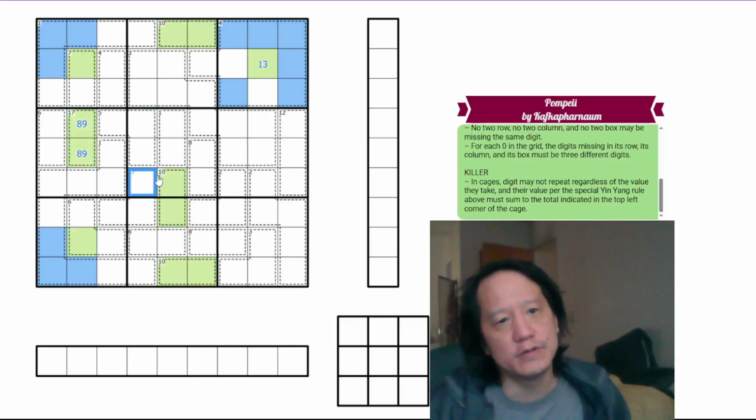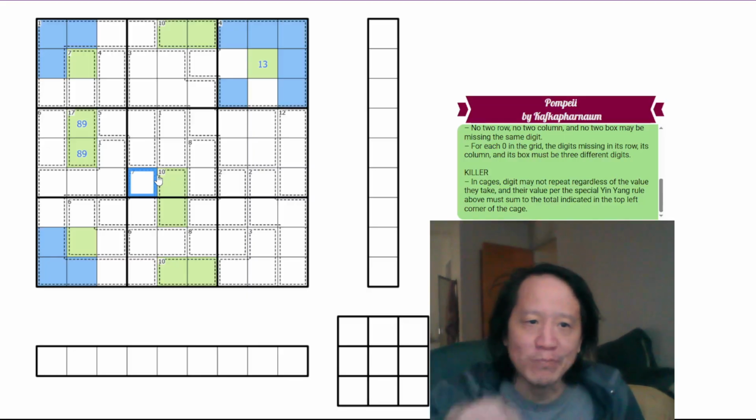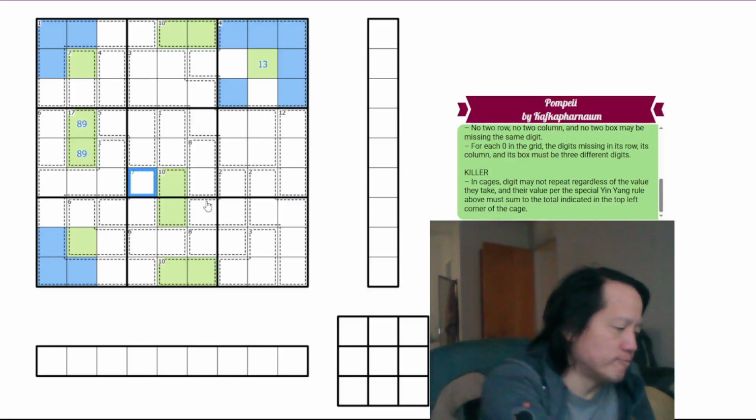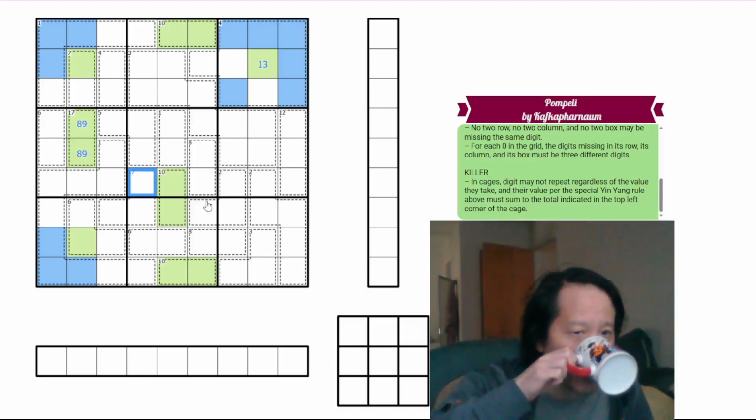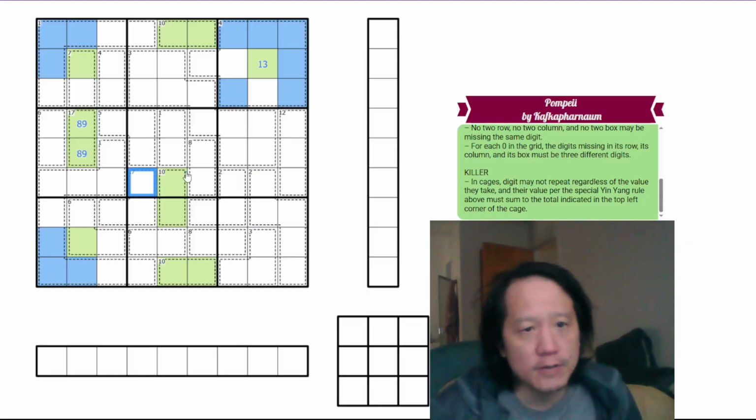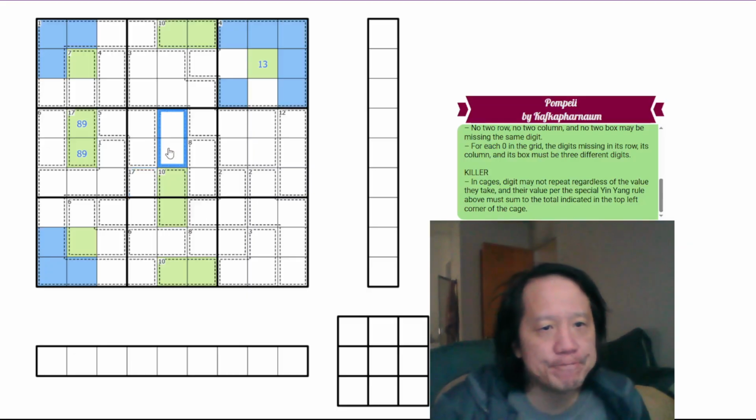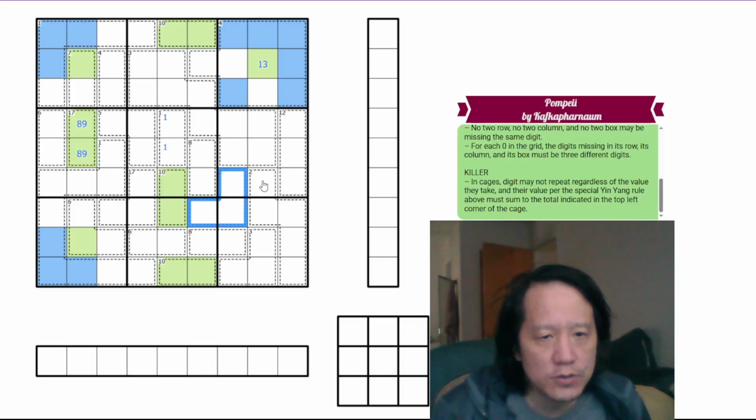But the problem is, we know one of these is a 1. So this has to be a guaranteed 1 here. And it has to be a guaranteed 2. So you have a guaranteed 2 here, and a guaranteed 2 here. Since you have a guaranteed 2 here, this cannot be 2.